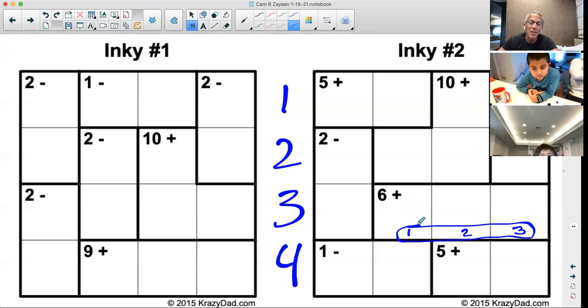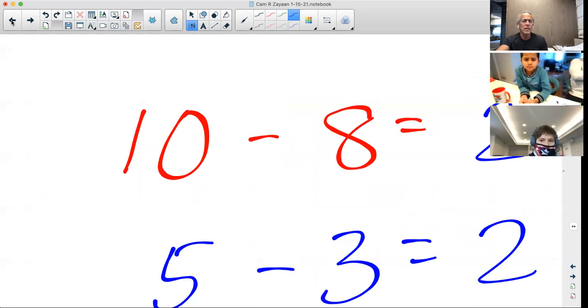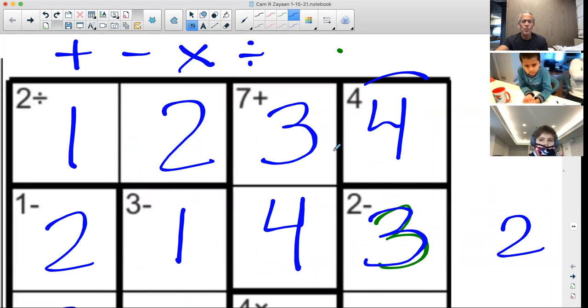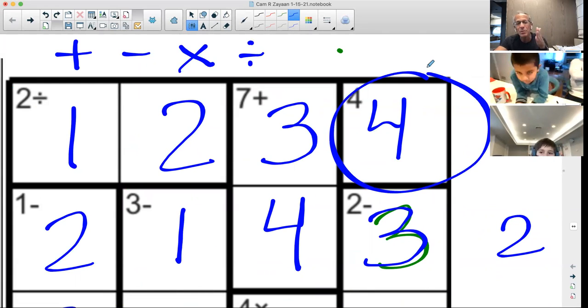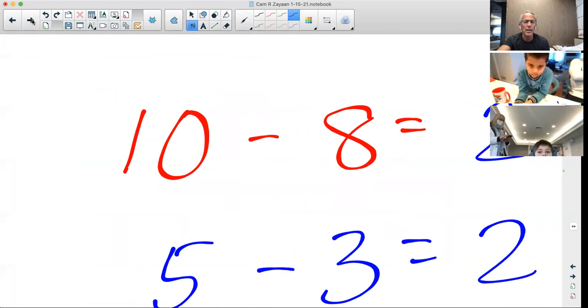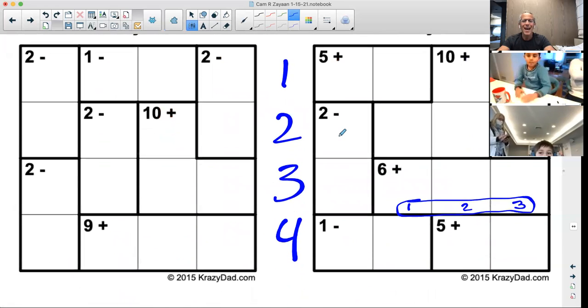Now, I have a little challenge for you guys. Can you tell me a square that absolutely is a particular number? Like, remember when we did ours, we started with this because it had to be a 4. Do you see a square in this one that must be a certain number? What's certain mean?